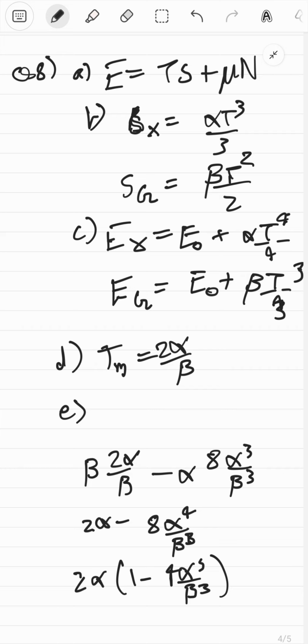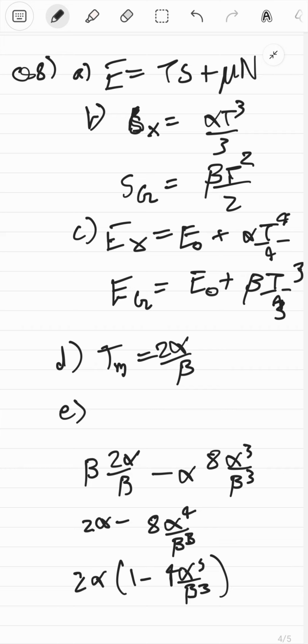So 2 alpha upon beta, that doesn't make sense. That's temperature. We're saying alpha's dimensions are beta's dimension plus 1 temperature. It should be 2 temperature because of alpha T cubed. Something is extremely wrong again.